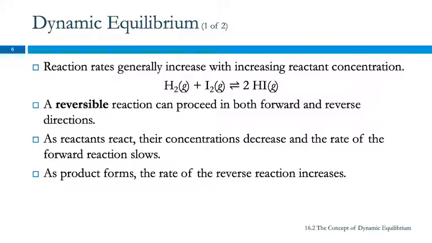And then as the reactant concentrations drop, the rate will drop, depending on what order it is, but typically. Initially, there's no product, and so the reverse reaction can't happen. But as the forward reaction proceeds, we get some product formed, and so now this concentration increases, and that will increase the rate of the reverse reaction. Does that make sense?